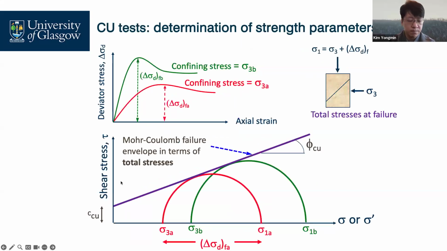And then we have these stress strain behaviors, and such stress conditions can be represented by Mohr circles. Here is the confining pressure plus the deviator stress. Confining pressure plus deviator stress. And then we draw the straight line for the failure.